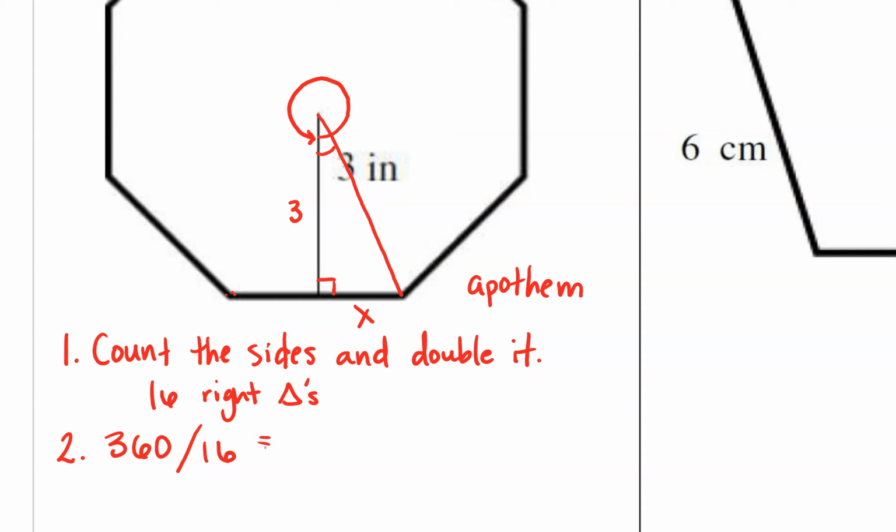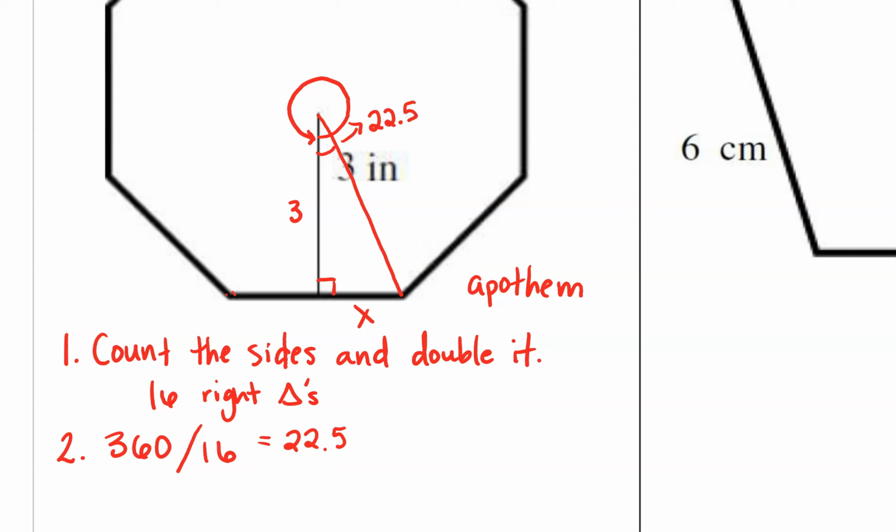How many right triangles do we have? We're going to divide that into 16 parts. 360 divided by 16 is 22.5. So we know this degree measure right here is 22.5.